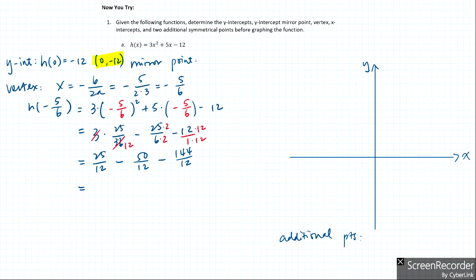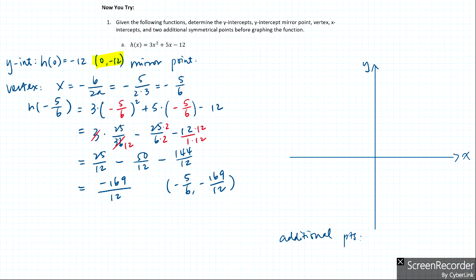Negative 25 minus 144 will be negative 169, all over 12. Again, no need to rush through these arithmetic operations, even though I'm walking through the steps pretty quickly. Once you have this, that's going to be our vertex: negative 5 over 6, comma, negative 169 over 12.